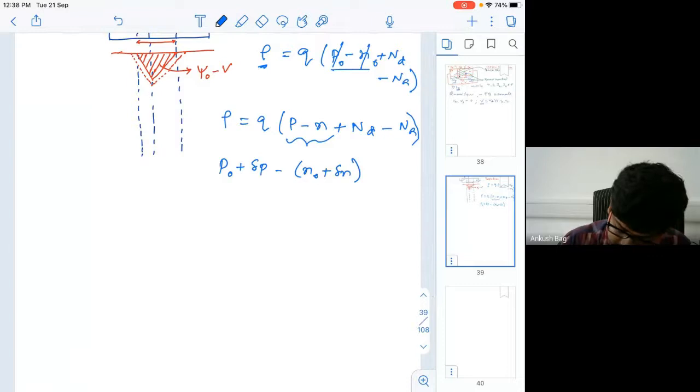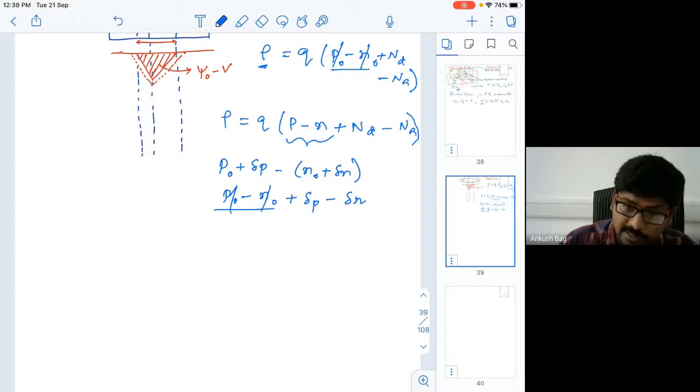So p0 minus n0 plus delta p minus delta n. Once again, these two thermal equilibrium quantities will cancel each other. Now what about this delta p minus delta n? Whether we'll get any net carrier concentration, or it will be zero. So it will also be zero.